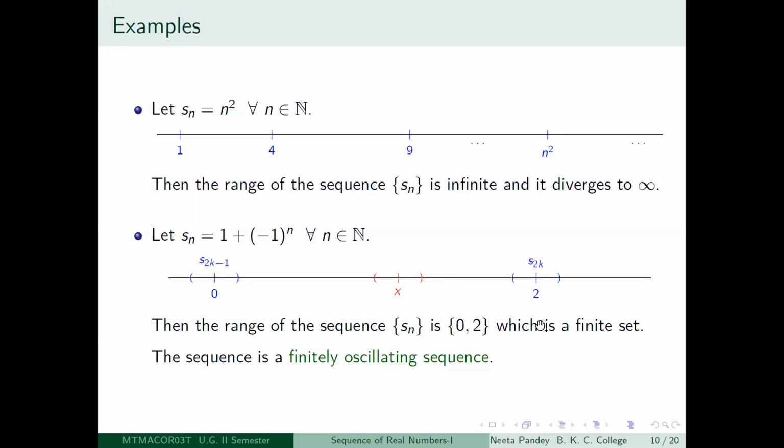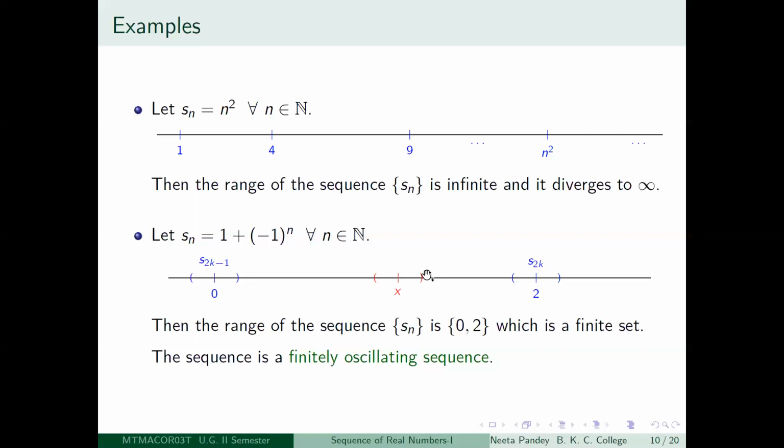So if it is not 0 or 2, it can be anywhere. So I have just drawn in an x in between. So notice that I can always get a small neighborhood of x which contains neither 0 nor 2. Since if x is not equal to 0 and if x is not equal to 2, then the distance between 0 and x and 2 and x is going to be positive.